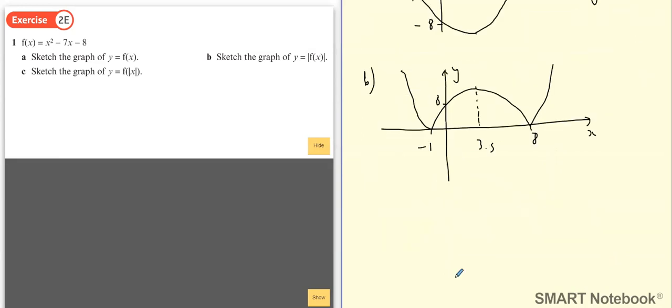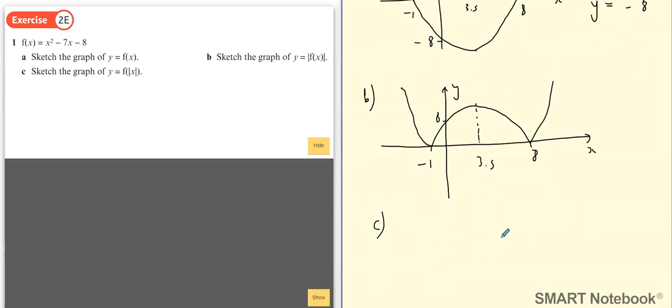Now, part C is where you sort of get affected with it. We said we're going to keep all the positive x value parts. So for that, we are going to keep everything there. This was minus 8, and we are going to reflect that in the y-axis.